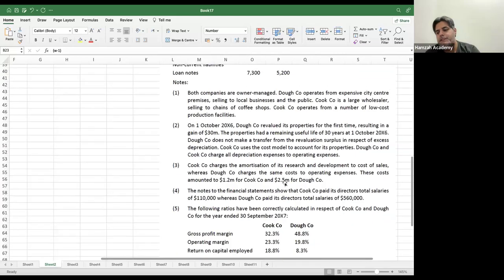So we have revalued at the start of the year, right? Technically speaking, we need to adjust for this revaluation. The reason being that the Cook company uses the cost model, and we have to adjust the Dow company according to the Cook company. So 30 million gain and 30 years life.